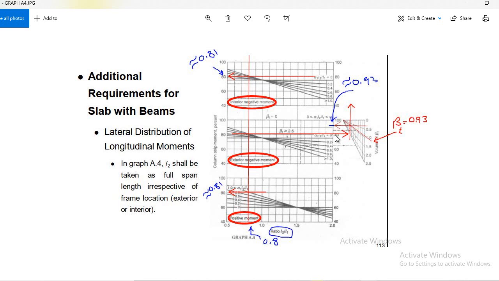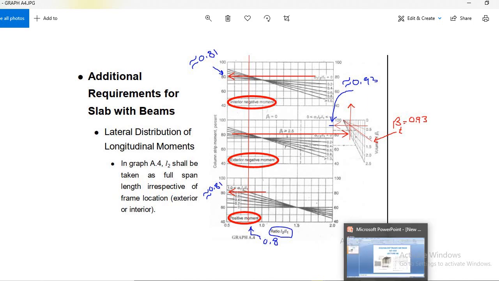Clear? So between 80 and 100, there is 90, round about 92, 93. Remember, this depends, there will be a little bit of difference. Somebody may take it 0.92, 0.91, 0.93, which is very close. Now this is the coefficient which will be used for exterior negative moment. For which moment?